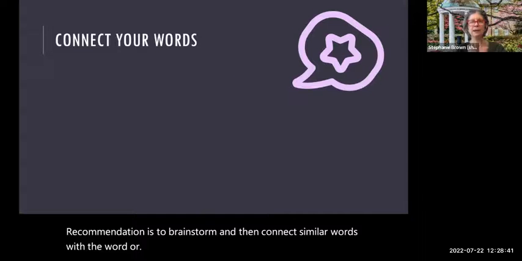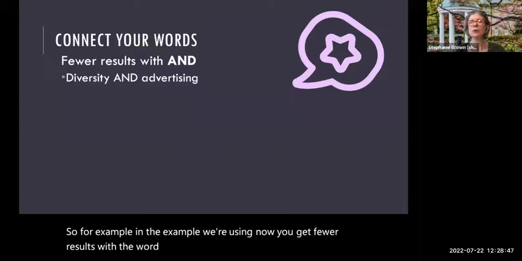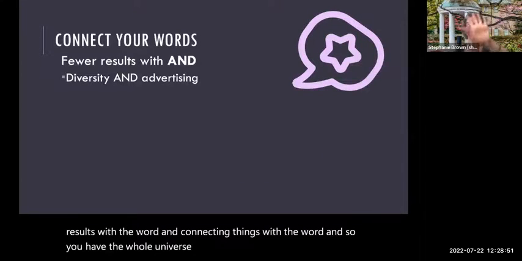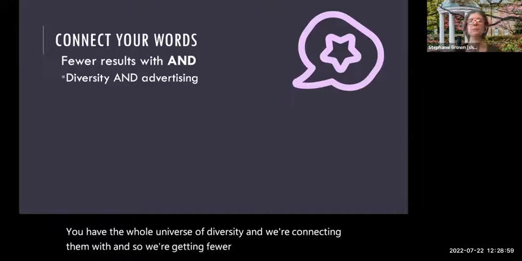So in the example we're using now, you get fewer results with the word and, connecting things with the word and. So you have the whole universe of advertising. You have the whole universe of diversity, and we're connecting them with and so we're getting fewer results with that.